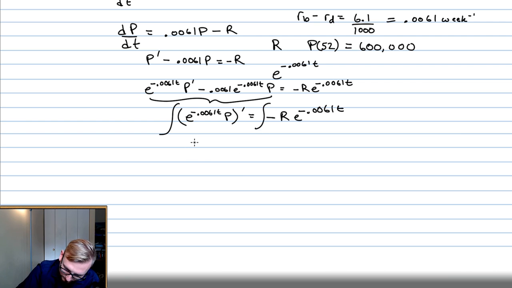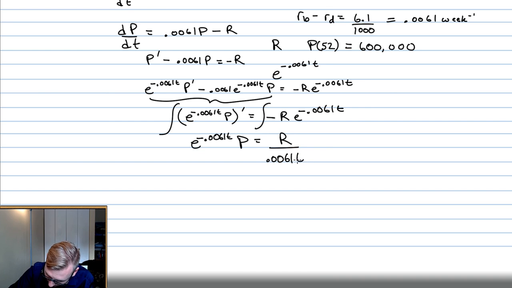So now we've got e to the negative 0.0061 t times p equals, now the negatives will cancel out, we got r over 0.0061 e to the negative 0.0061 t plus your constant.